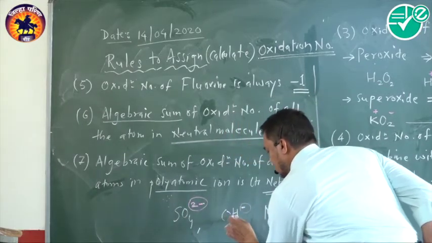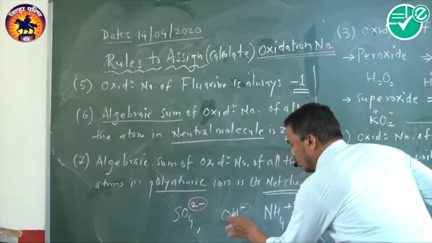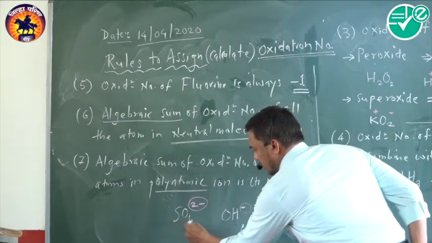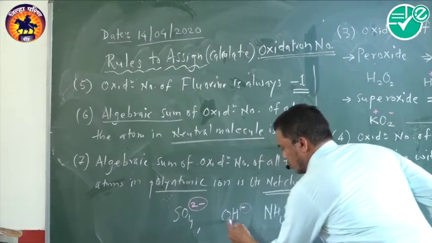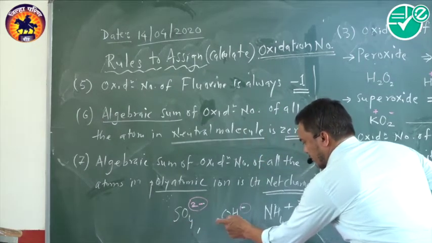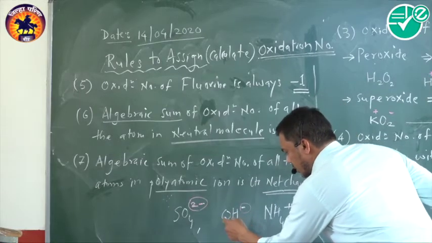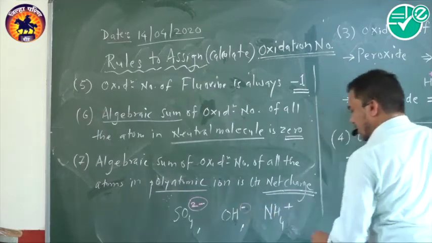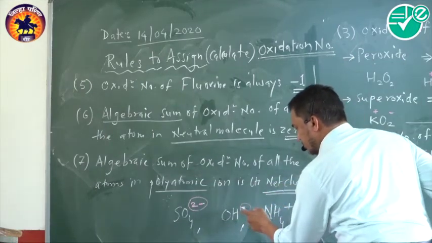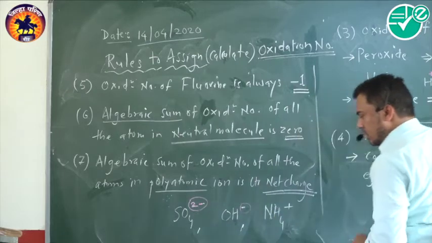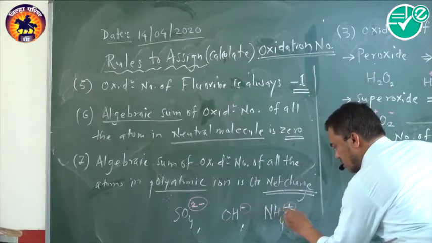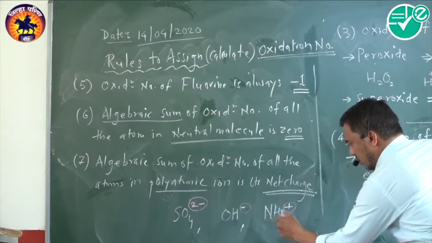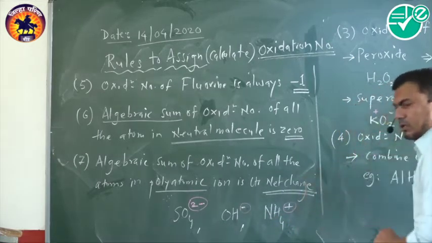Similarly, hydroxide is a polyatomic ion with 2 atoms, oxygen and hydrogen. The oxidation number of oxygen plus the oxidation number of hydrogen, added together, gives the net charge. This algebraic sum is equal to -1. Similarly, for the plus charge, the addition of the oxidation numbers of nitrogen and 4 hydrogen together becomes +1.